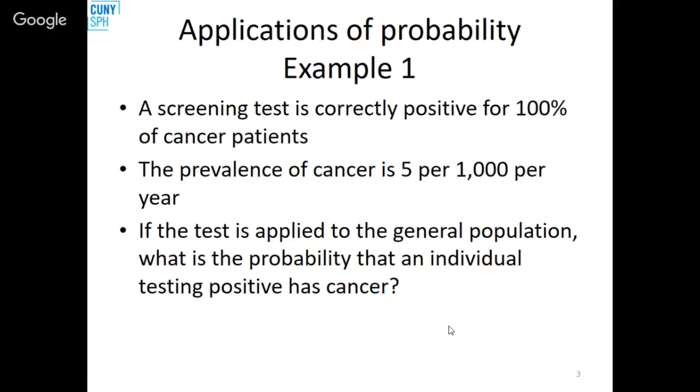Before you are worried about receiving this test, that would be a good piece of information to have. What is its positive predictive value? That is what this last question is asking. And that is the thing that really matters when you receive this test, not this accuracy on people who have cancer. And that's a really important distinction.